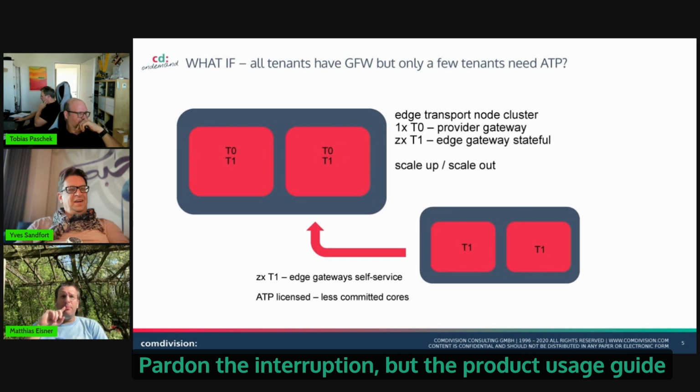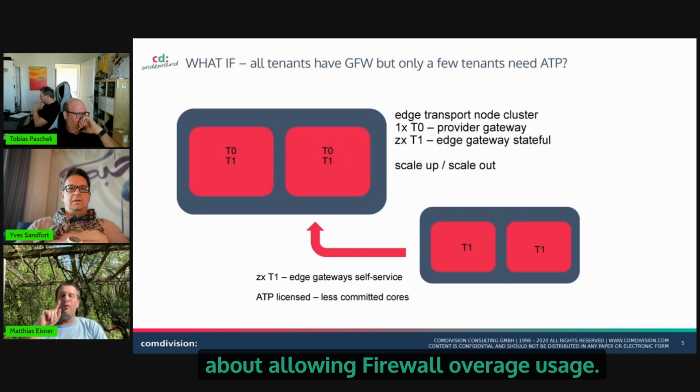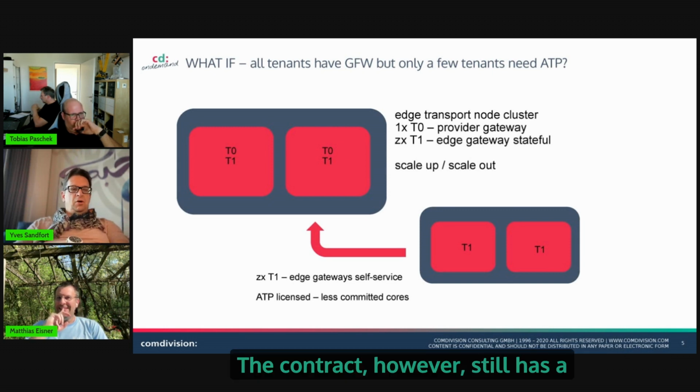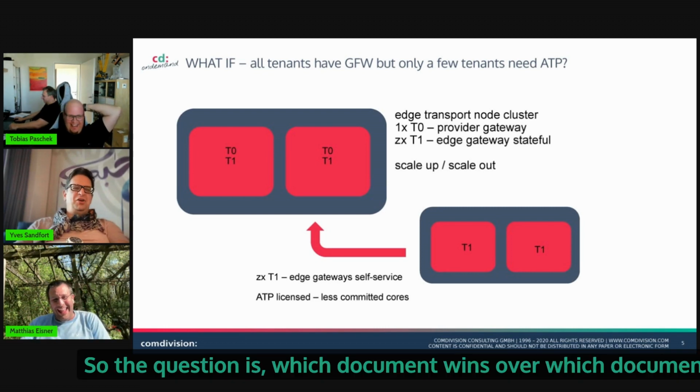It's a bit of an interruption, but the product usage guide launched on the 26th of March, 2024 has a dedicated section about allowing firewall overage usage. The contract, however, still has a passage which says there is no overage for add-ons. So the question is, which document wins over which document?